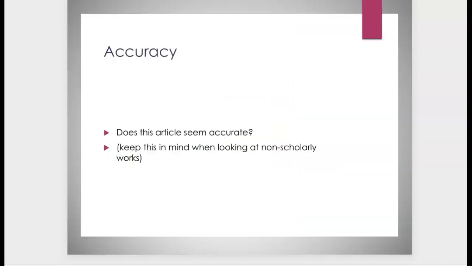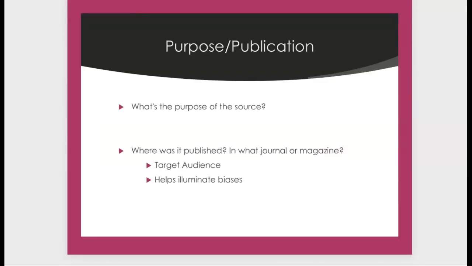This is particularly important when looking at non-scholarly sources like newspapers, magazines, websites, or any source that hasn't gone through the peer review process. You can tell whether a source is popular or scholarly by noting the publication information. And there are two P's that you want to consider with the evaluation.